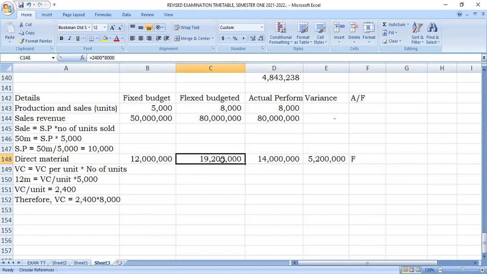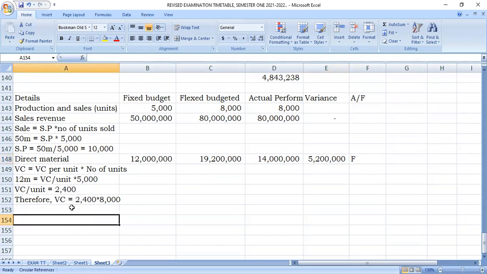So it's 19,200 minus 14. You will get 5,200. Then you comment, saying whether this variance is favorable or unfavorable. It's favorable in terms of cost if you're spending less. It's favorable in terms of revenue if you're earning a lot. As simple as that. I hope I've answered you, Esther. Okay, thanks. If you have any other questions, please feel free to ask them. I'll be able to respond.